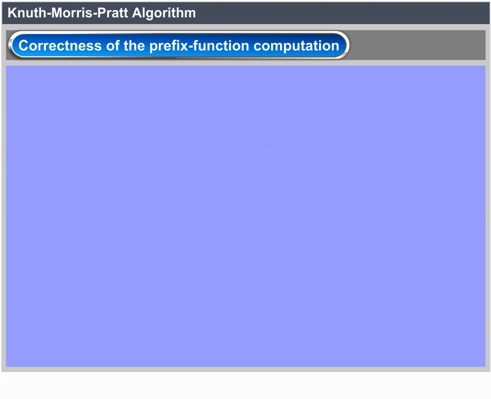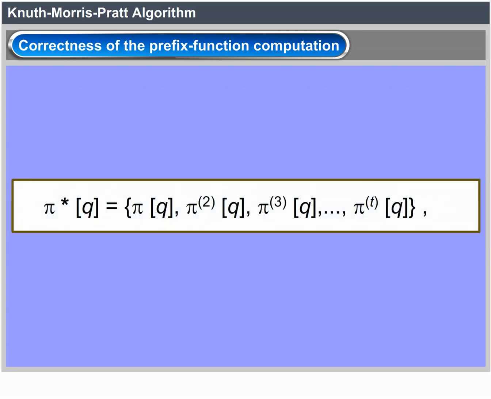The value of pi of q gives us the longest prefix. By iterating the prefix function pi, we can indeed enumerate all the prefixes Pk that are proper suffixes of Pq.